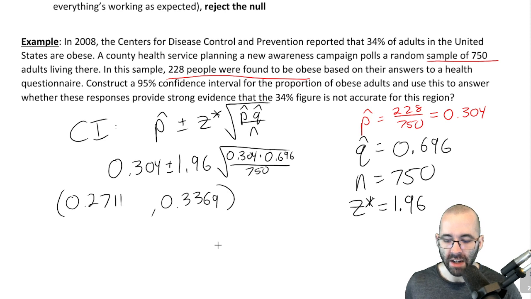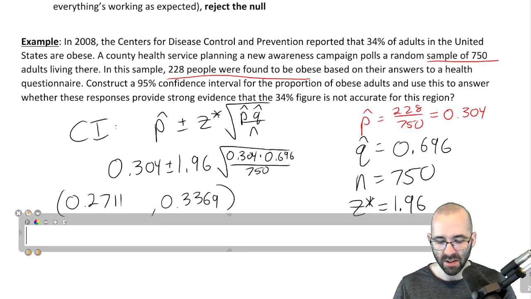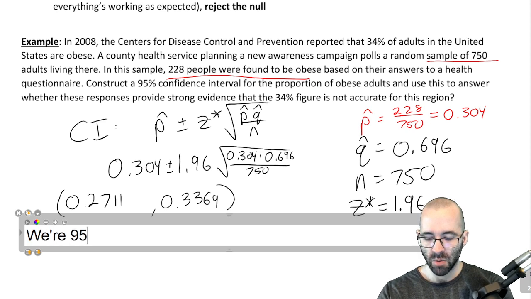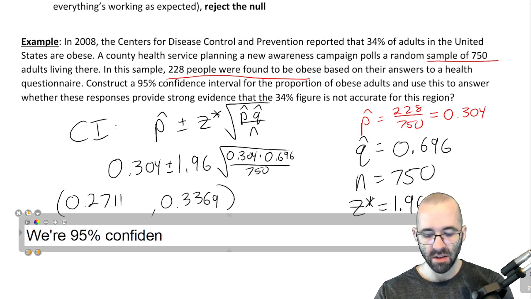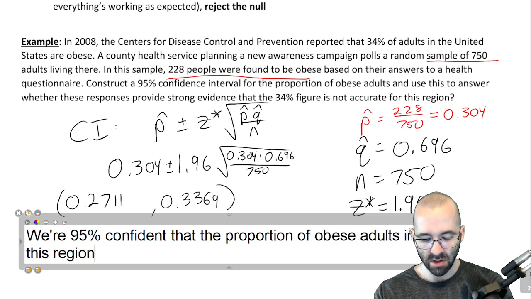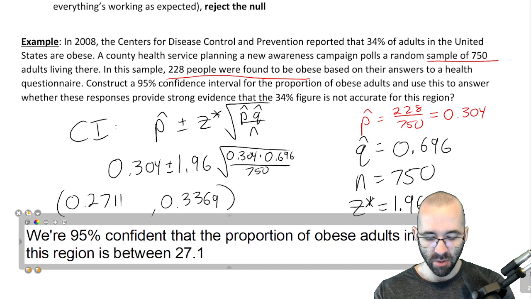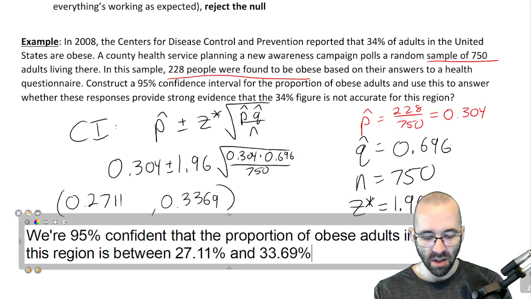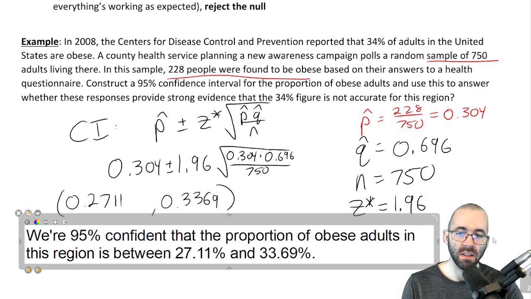We're 95% confident. Let's remember what unit 6 looked like. We're 95% confident that the proportion of obese adults in this region is between 27.11% and 33.69%.